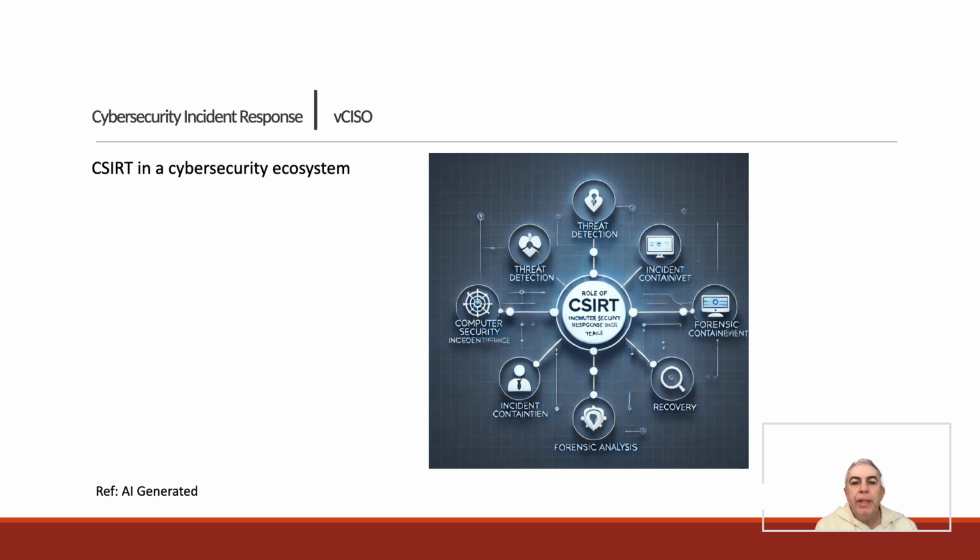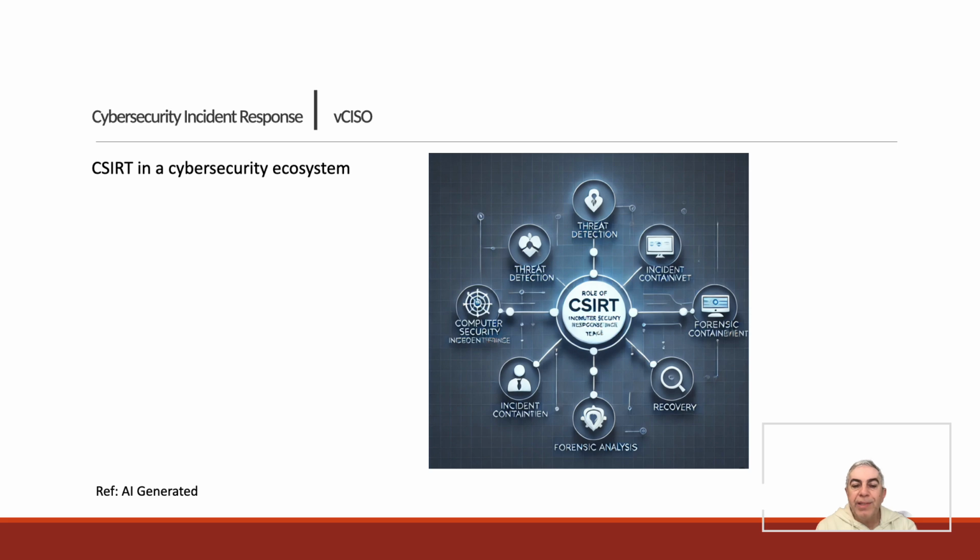Examples of which would be the EDR, the SIEM, and specifically SOAR engines that we spoke about, and the incident response plan. And there could be forensic, containment, recovery, and forensic analysis teams that are dedicated to this. CSIRT also involves internal and external legal teams and law enforcement.